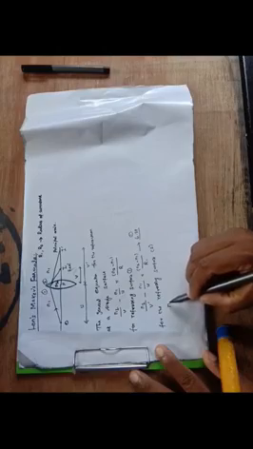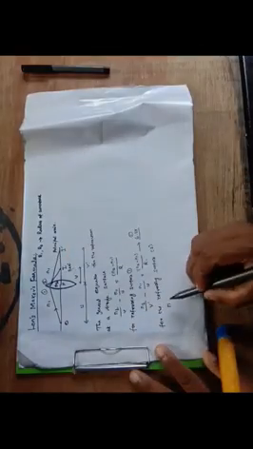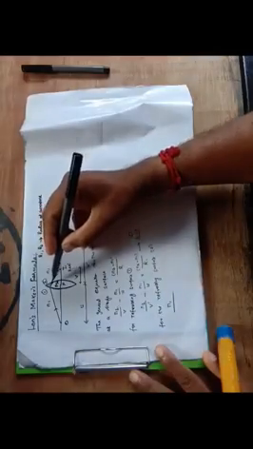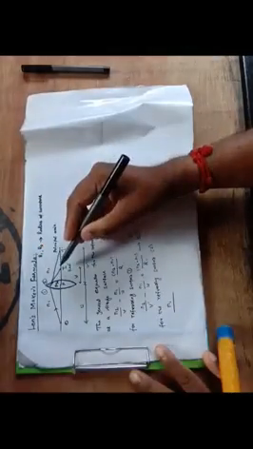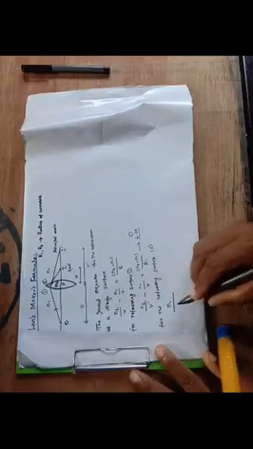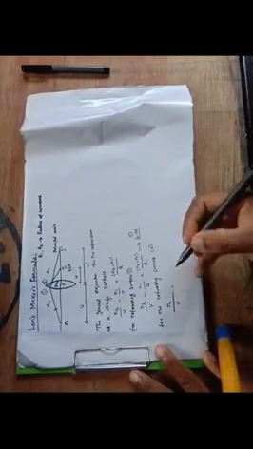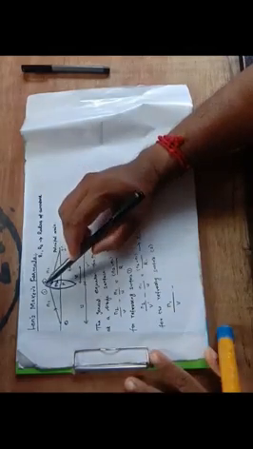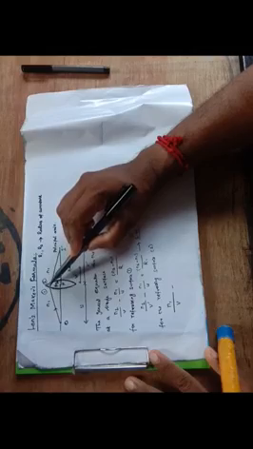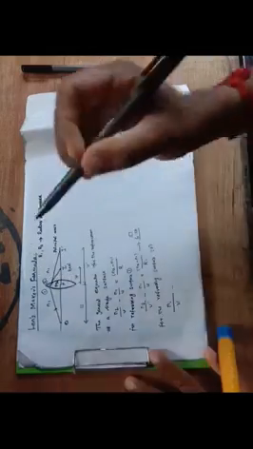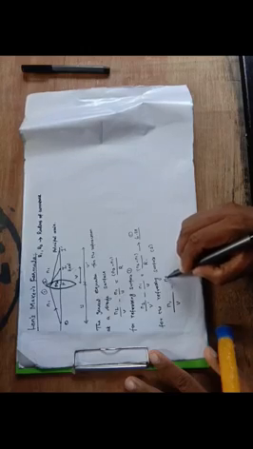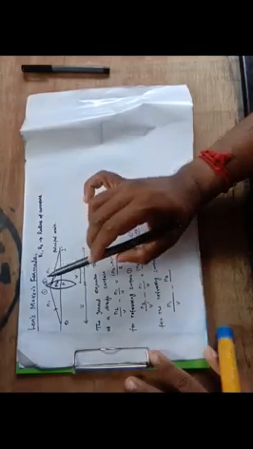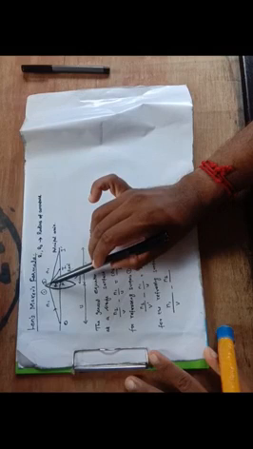It has refractive index N1. The refracted ray is passing through N1. The final image distance is V, minus the incident ray for refracting surface 2. The incident ray has refractive index N2 divided by the object distance.